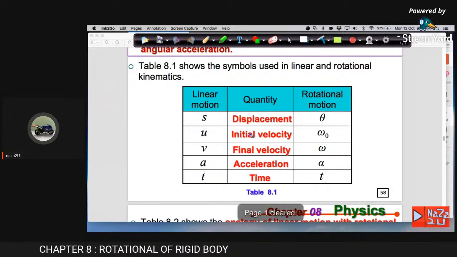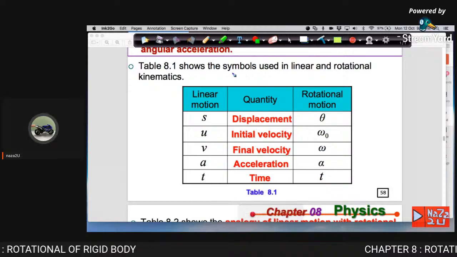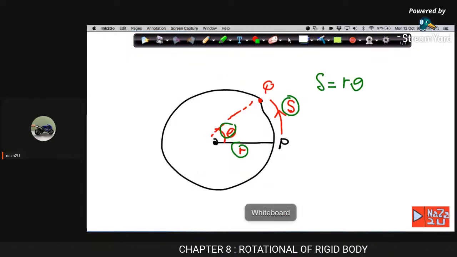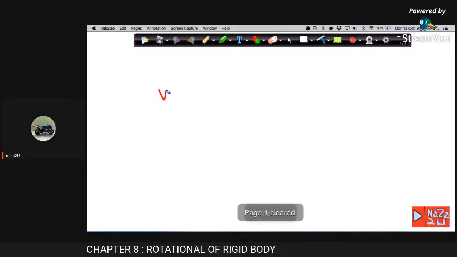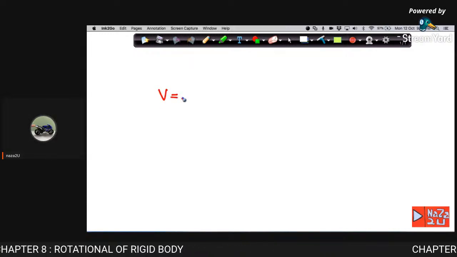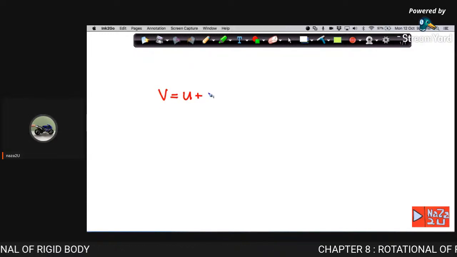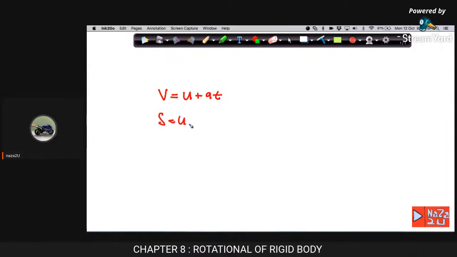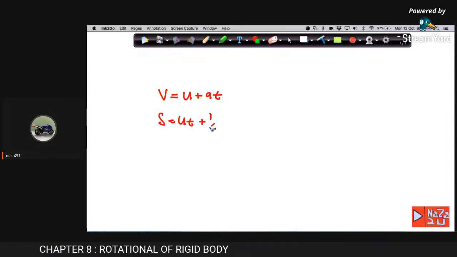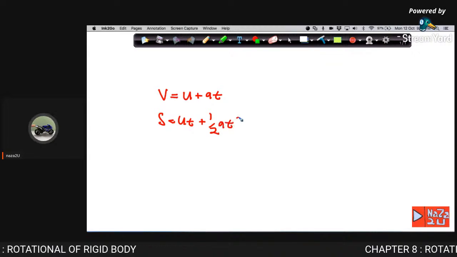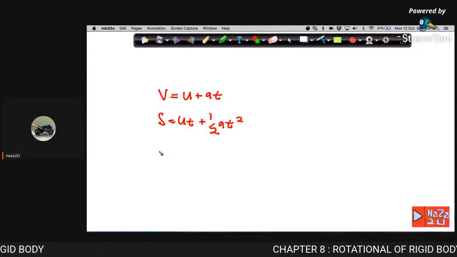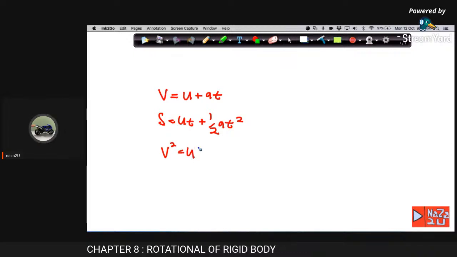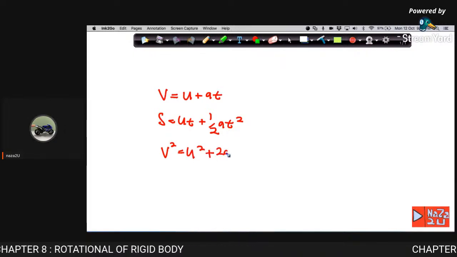Right? So katakanlah kita ada persamaan linear motion equation. We have V is equal to U plus AT, S is equal to UT plus half AT square. Okay. And V square is equal to U square plus 2AS.